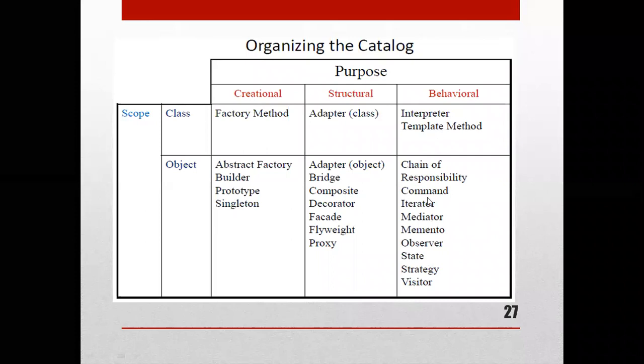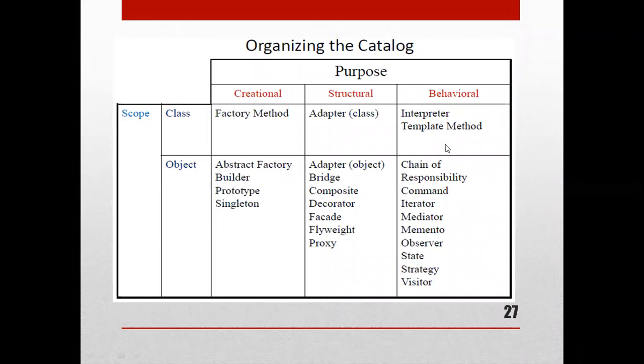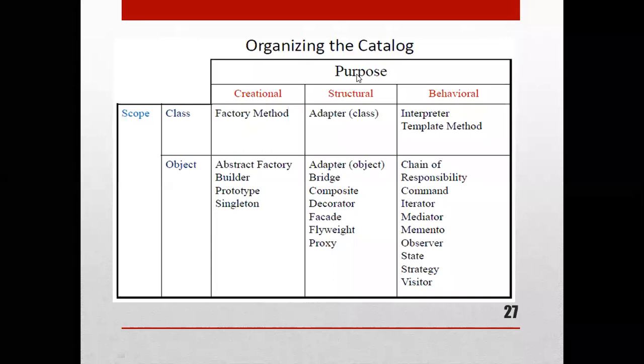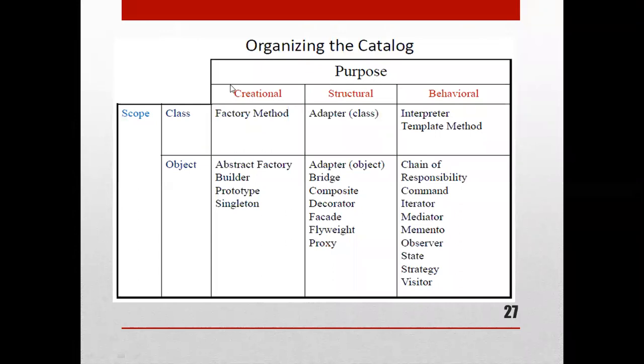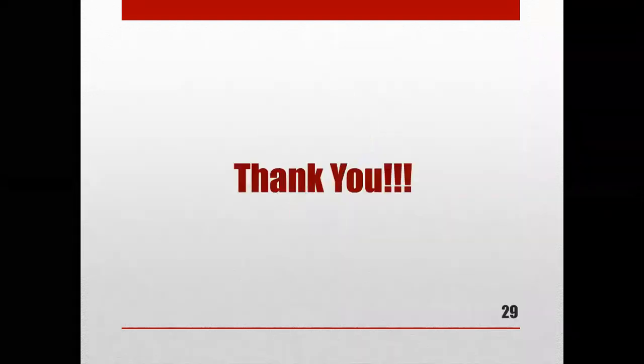All these patterns are for objects, and the others are for class. Okay, so these are the two ways to organize the catalog of patterns, based on the purpose of the design patterns and the scope of the participants, that is classes and objects. Okay, so that's it for today's session. Thank you.